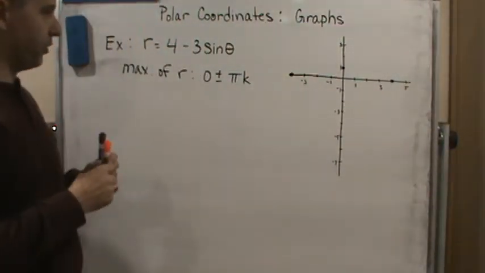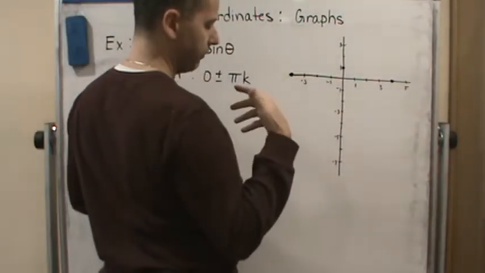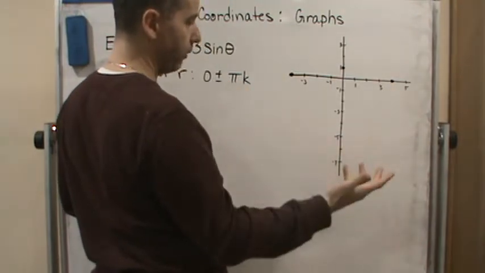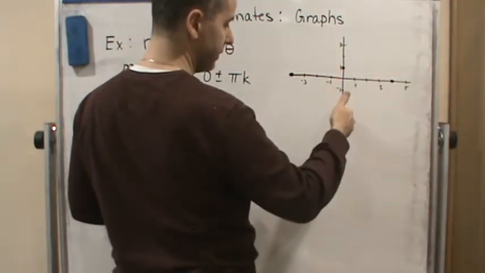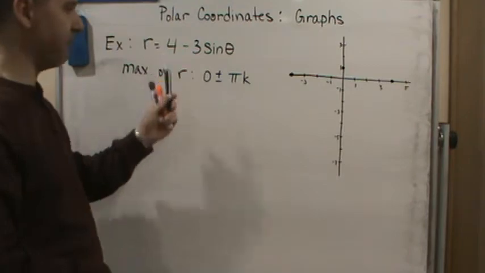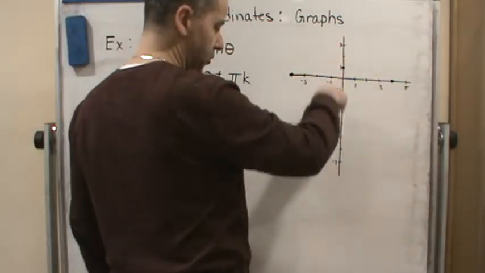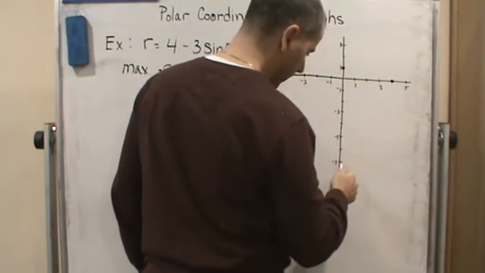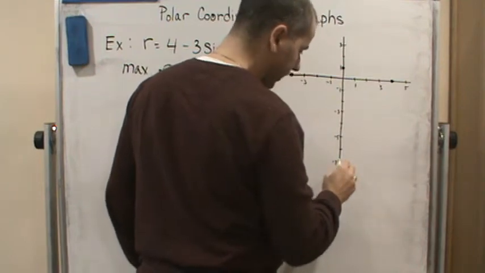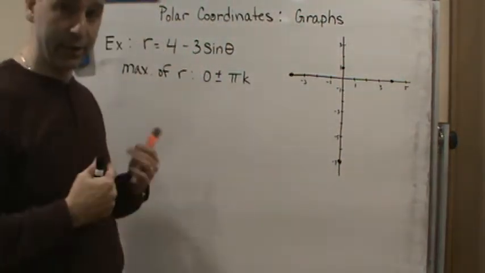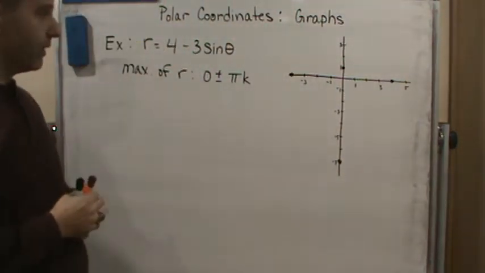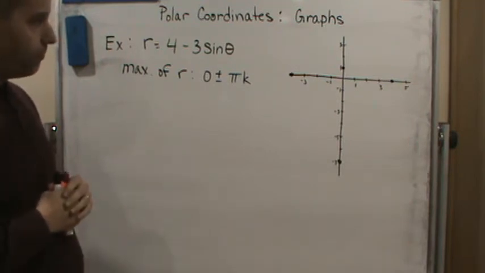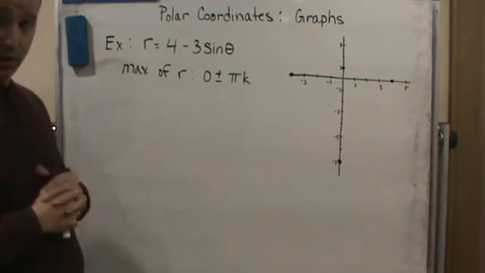So again, at 3 pi over 2, you're at 270 degrees, and you're still in the positive 7, so you're going in that direction. So guess what? Your other point is here. Now look at that. Knowing what I know about limacons, that's a lot of information that we have.